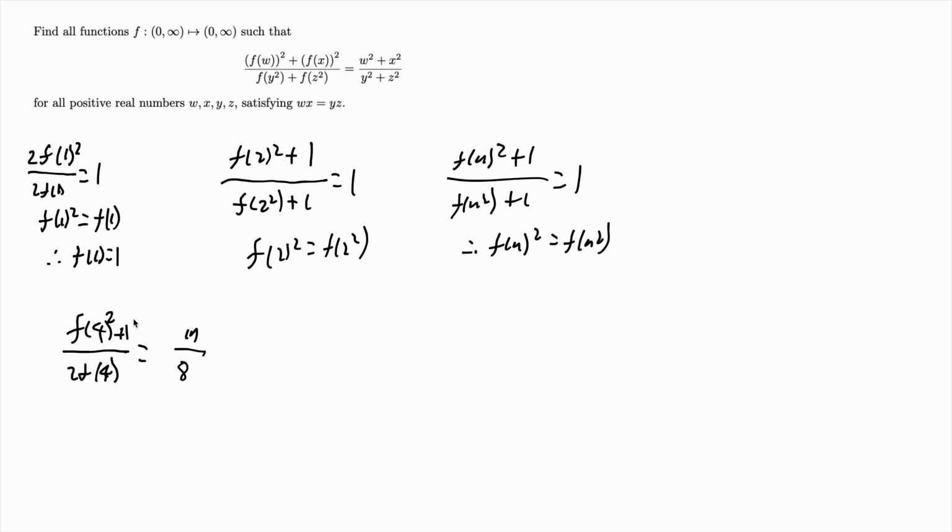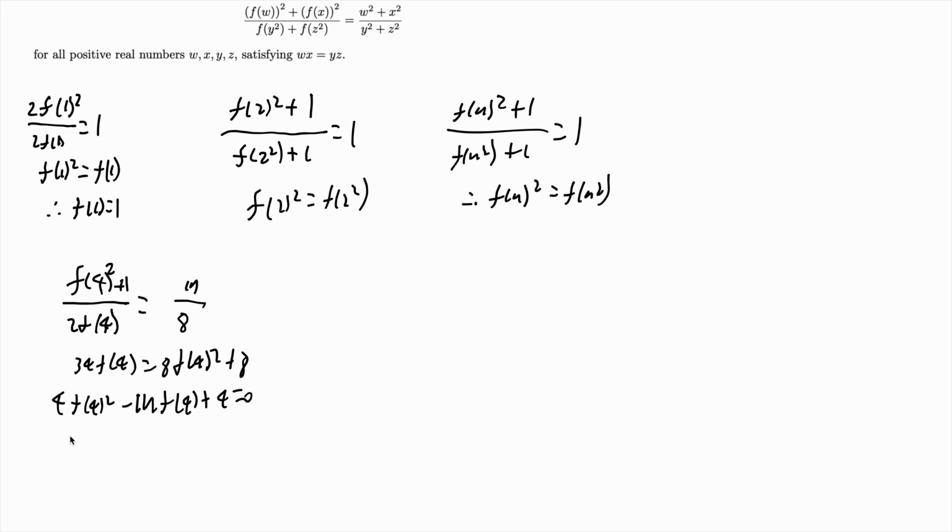Then cross multiplying, we get 34 f of 4 is equal to 8 f of 4 squared plus 8. So we have f of 4 squared minus 17 f of 4 plus 4 equals 0. And I was like, oh, nice.